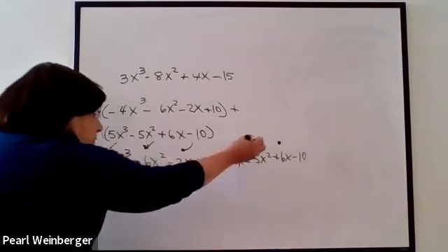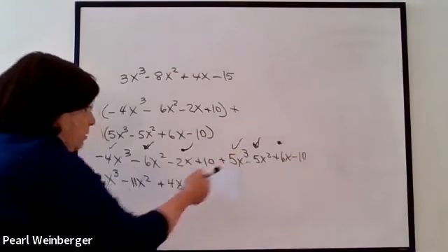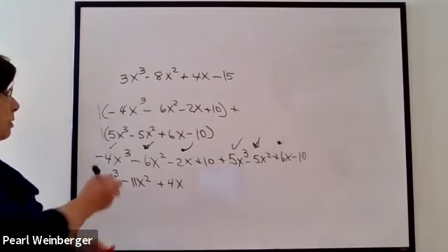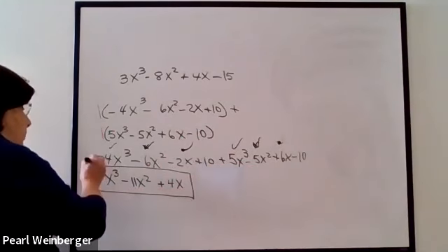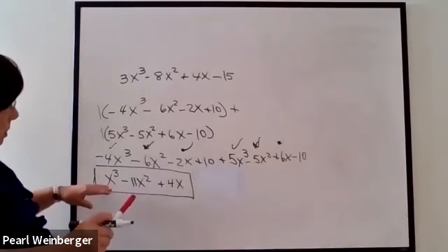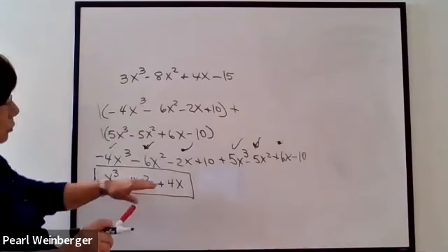So now I've taken care of the x's. And finally, I have positive 10 and negative 10. When I combine them, it just gives me 0. So my final answer to this example is x to the third minus 11x squared plus 4x.